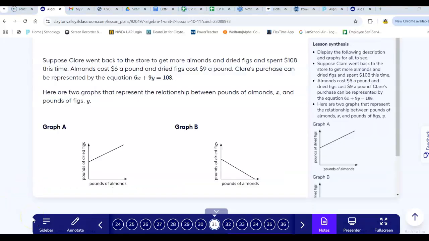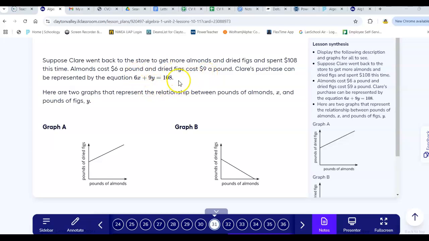So we're almost done with this lesson, okay? Here's the synthesis of it, okay? So let's suppose Claire, so we're back to our almonds and figs situation. Let's say that she spent a different amount of money, but the price was the same, okay?